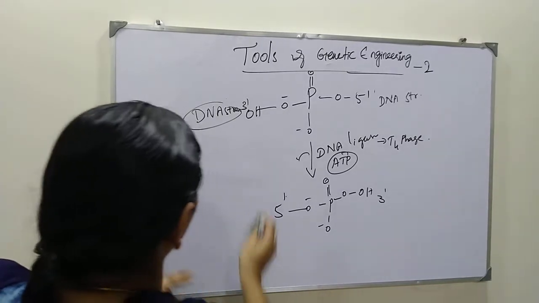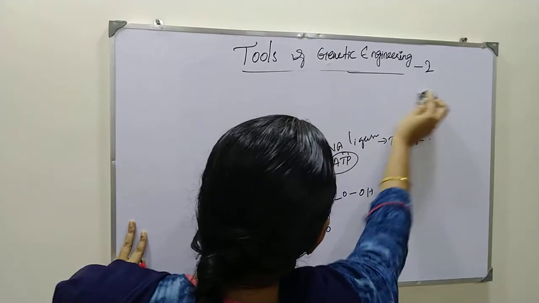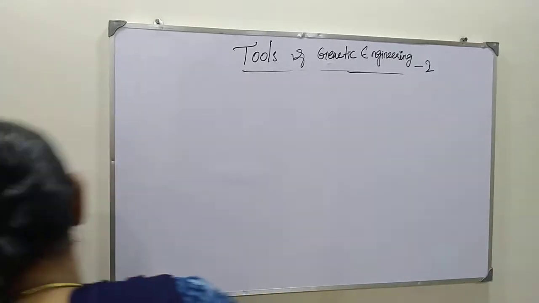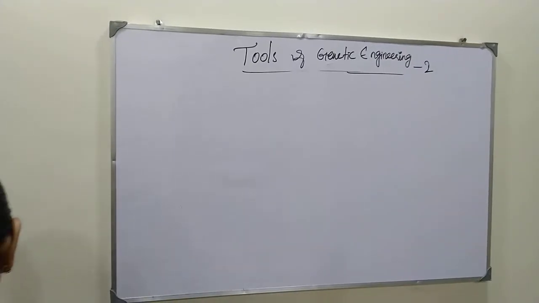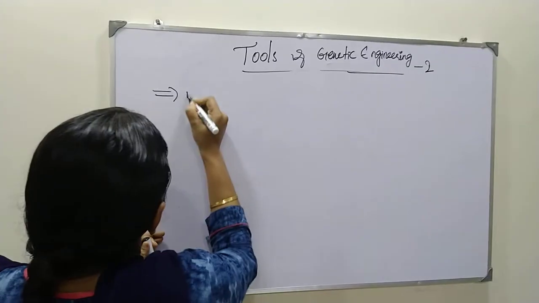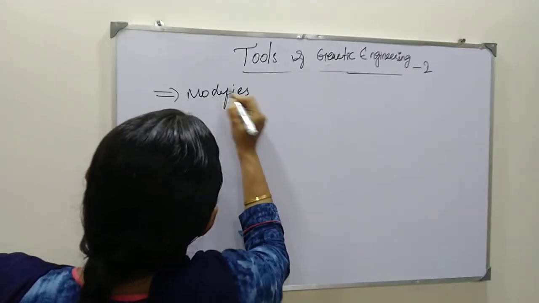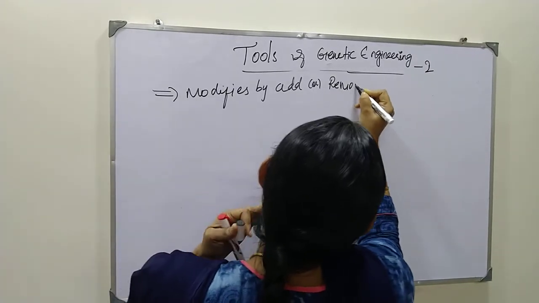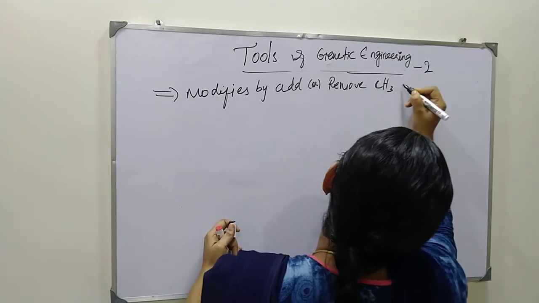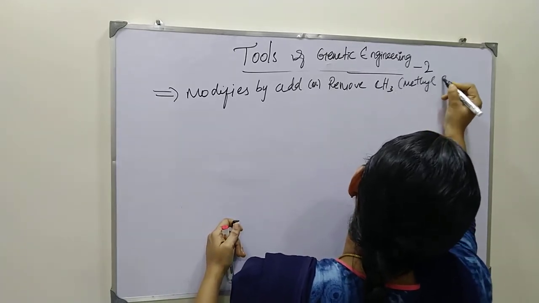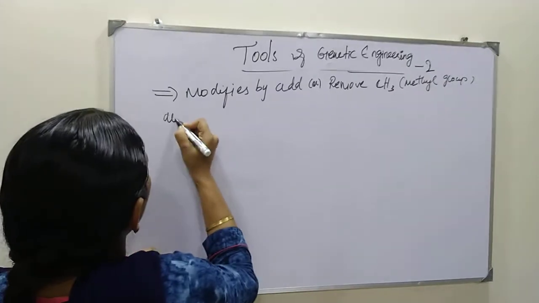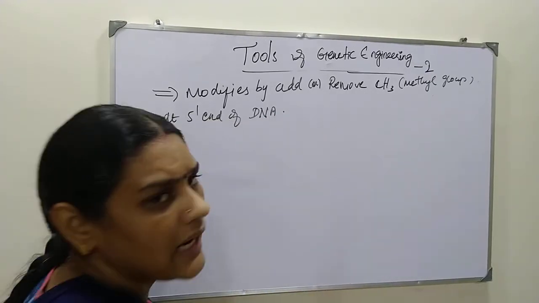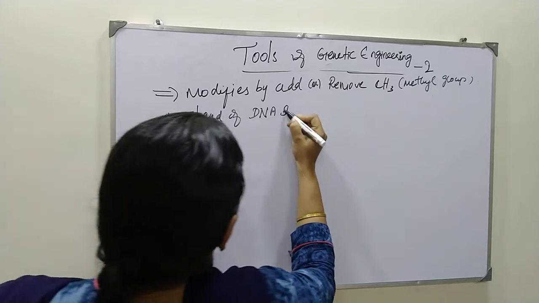Next enzyme I am going to tell you about is alkaline phosphatase. This is the third very important enzyme in the tools of genetic engineering, because this enzyme's main role is it modifies by adding or removing a methyl group, CH3, at the 5' end of the DNA strand.